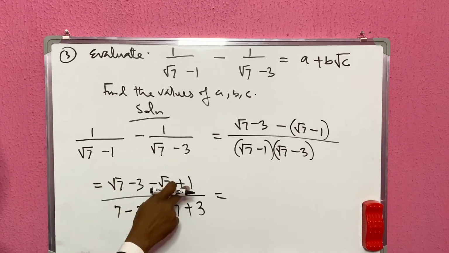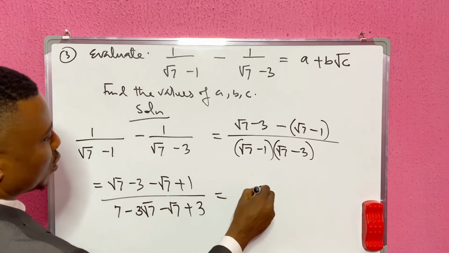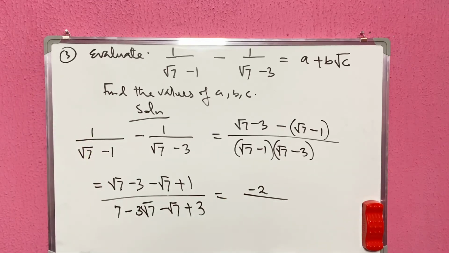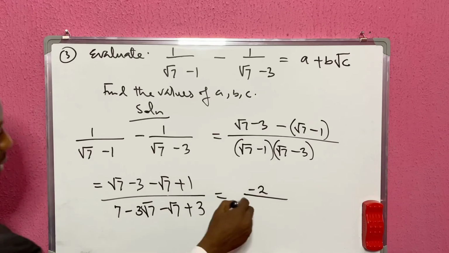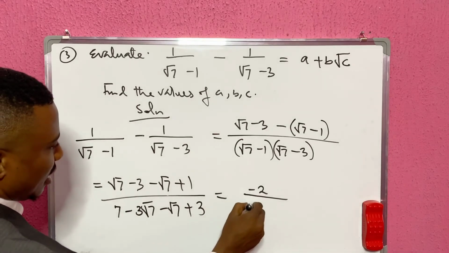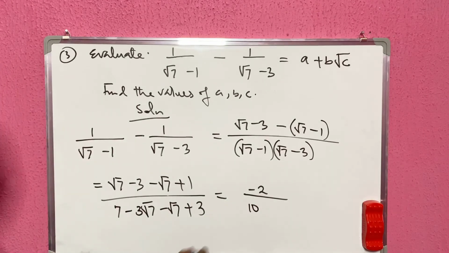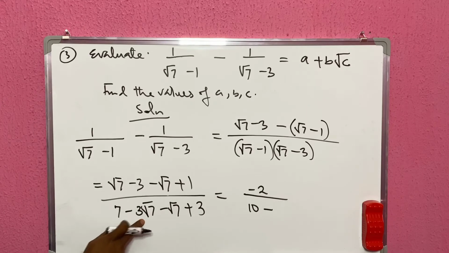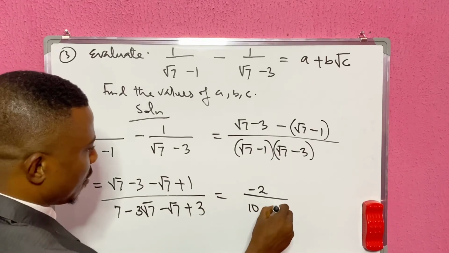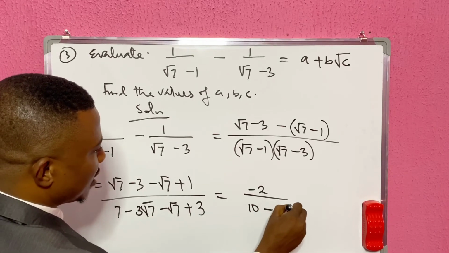Minus 3 plus 1 will give you minus 2 remaining. Then 7 plus 3, 10, minus root 7 minus root 7 will give us minus 4 root 7.